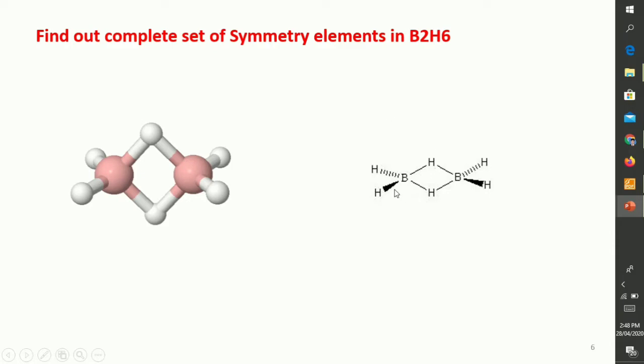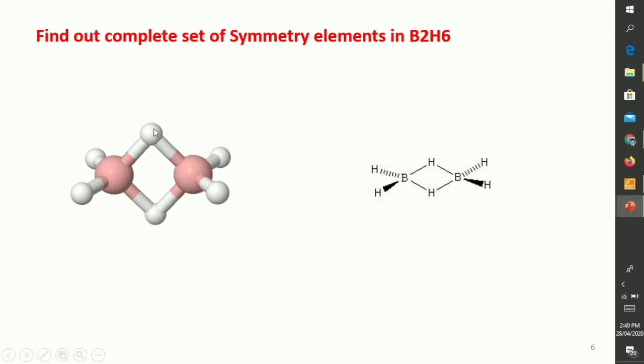Actually, we know that this type of bond exhibits the position of the atoms in space. This hydrogen is towards you, exhibited by solid lines, while the dotted line exhibits away from the observer. So there is a C2 rotation from this.